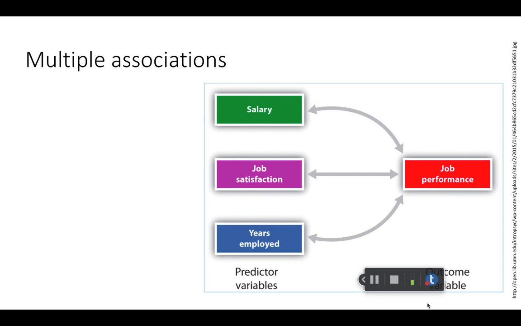So here we can think of multiple predictors of some outcome like job performance. So in this model, researchers think that salary, job satisfaction, and years of employment all affect job performance. And job performance might affect these things as well. So we're interested in more complex networks of association here.